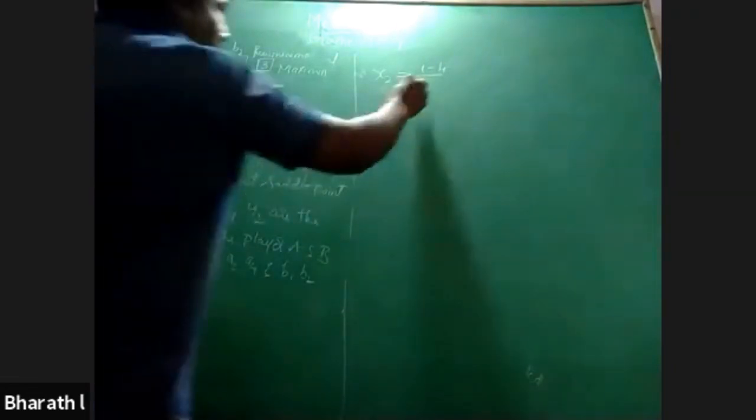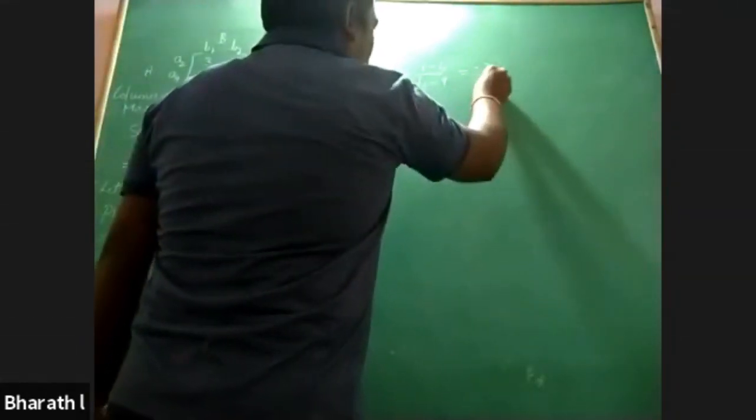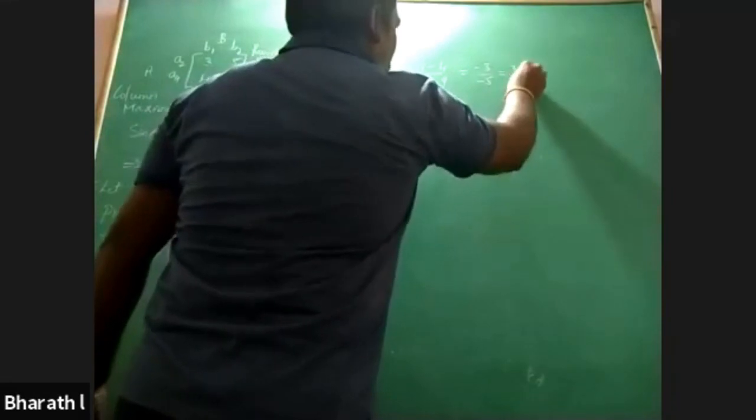That is, you need to find x2. Here you write x2 equals, since you are finding with respect to x2, 1 minus 4 divided by the diagonal element. You need to add 3 plus 1 is 4, minus 9 is 4 plus 5 is 9. Then 1 minus 4, that is minus 3, divided by minus 5, you will get 3 by 5.